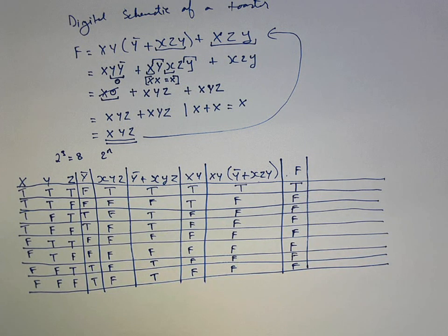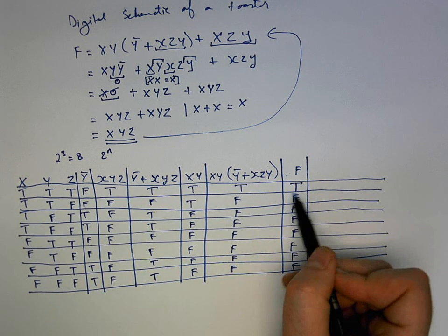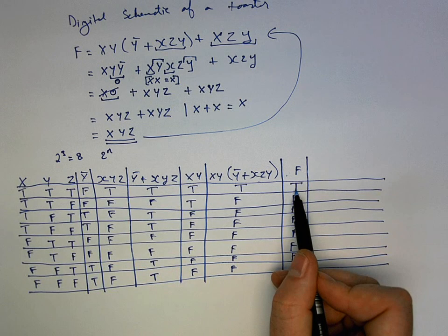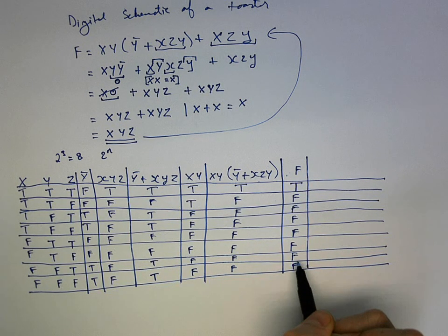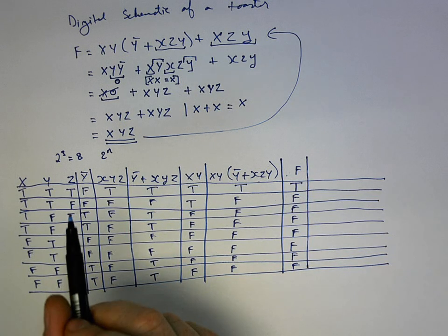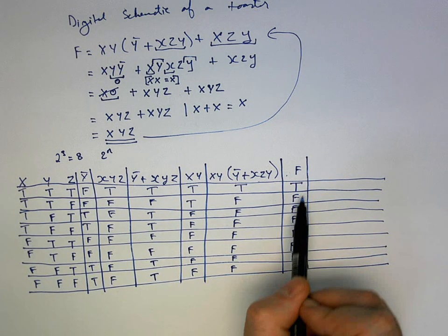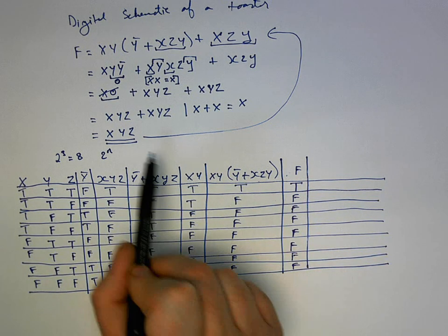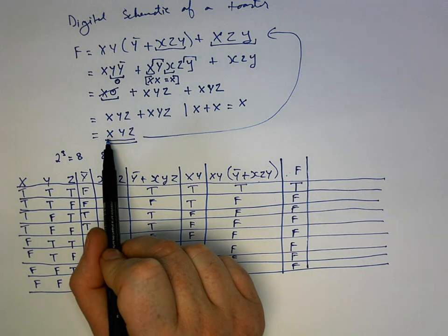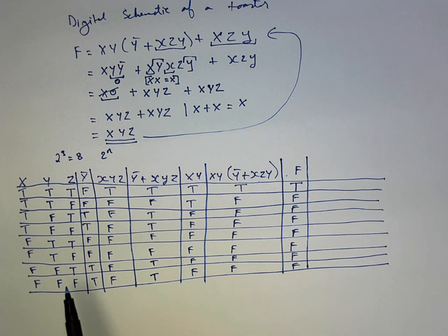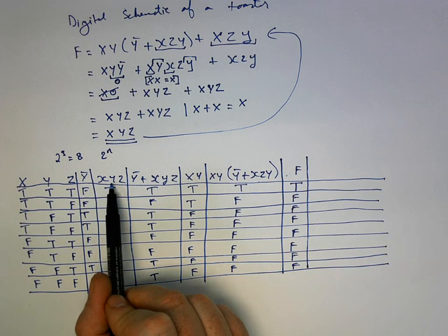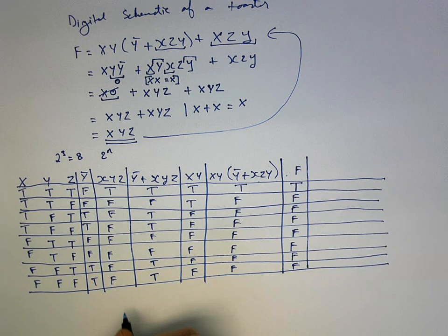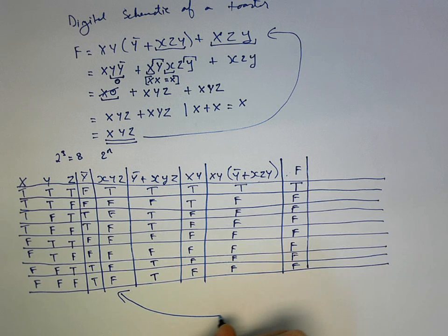So what we need to look at now is this full expression. The output is represented as true, false, false, false, false, false, false, false. And what we're saying is that this full expression is equivalent to the expression x, y, and z. If we look at our table here, we have a table already for x, y, and z, and it can be clearly seen that both of these have the exact same output.